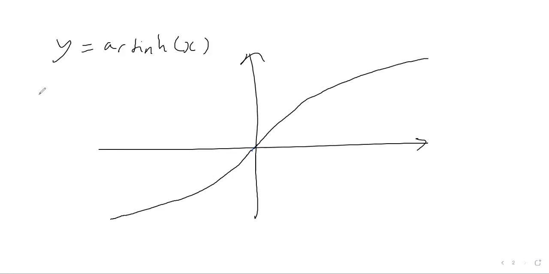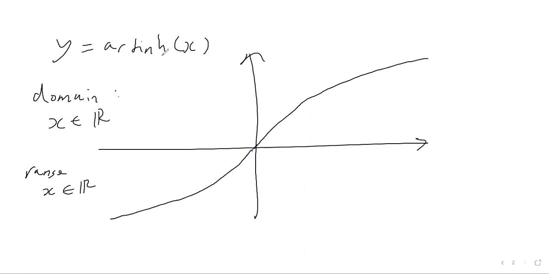So what we can tell from this is that the domain is x in the real numbers. Every real value that you put into the arsinh function is defined, and also the range is the real numbers too.